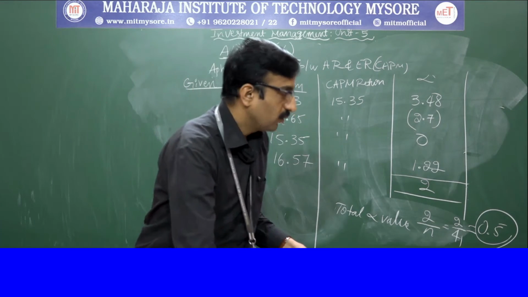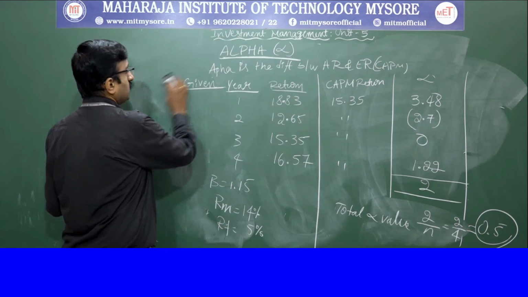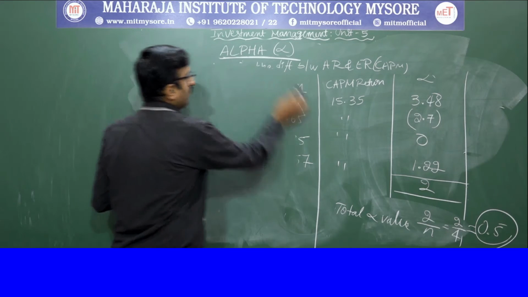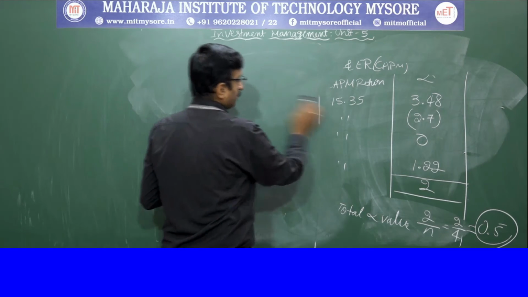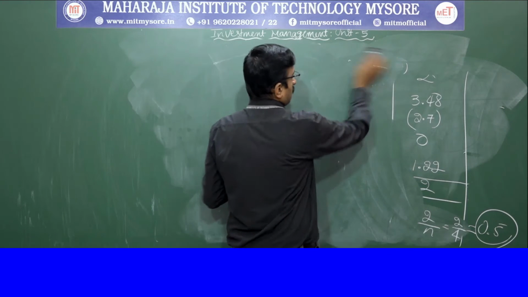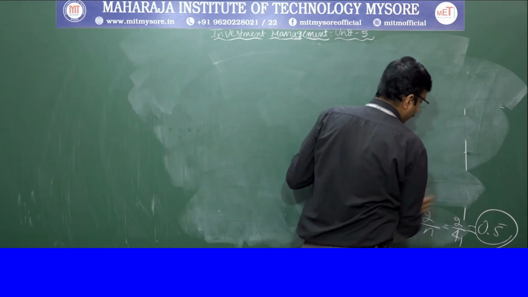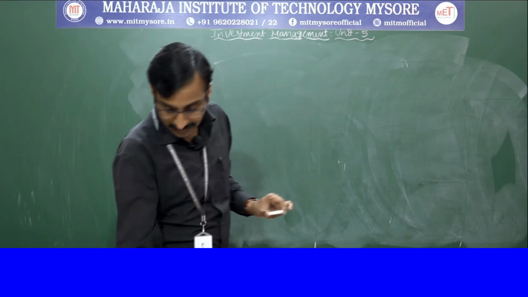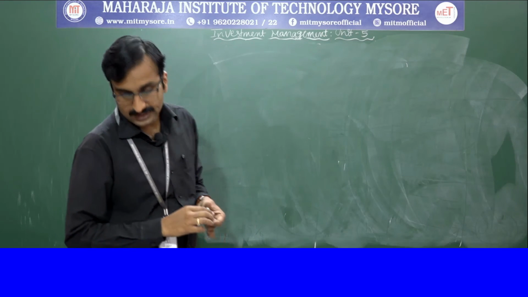So here when you come to the alpha calculation, okay, or beta calculation, whichever it may be, we have different types of models here.